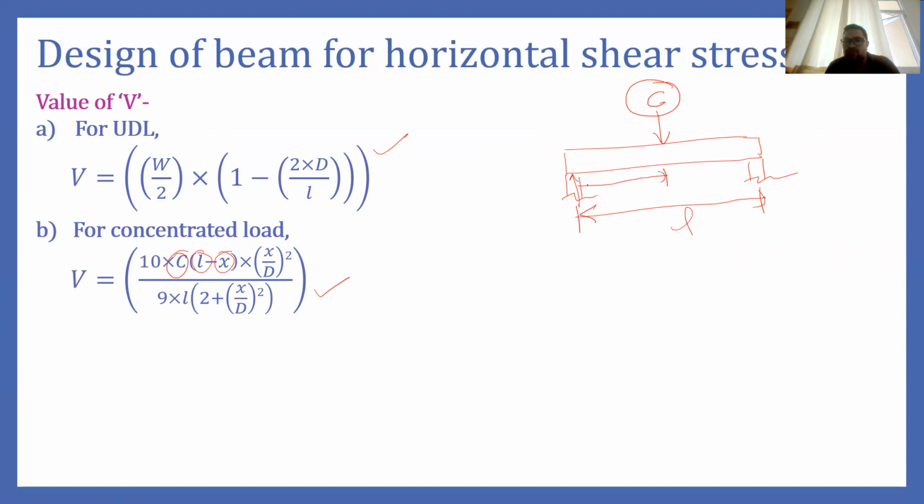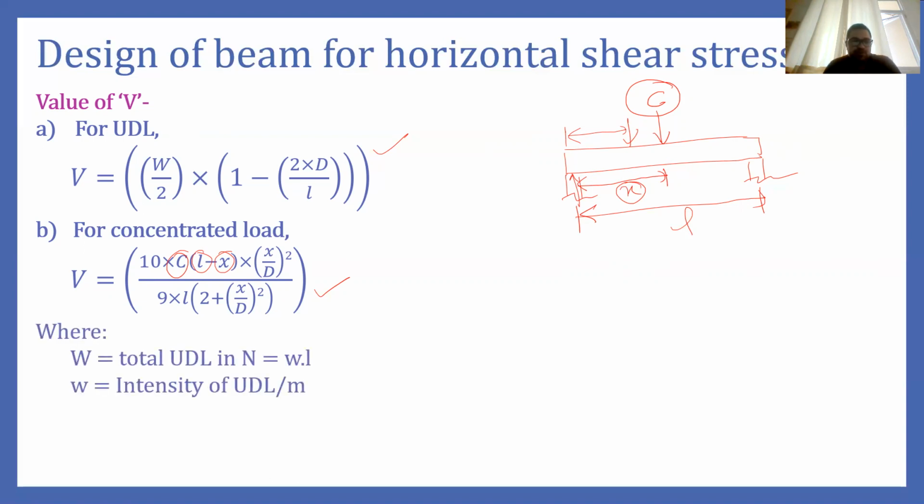So distance between the line of action of load and the reaction at the support will be known as X. So this load can be anywhere. It may be here also. So distance in that case will be distance from the load to the center of the support. So this is how we calculate the X value and C value.